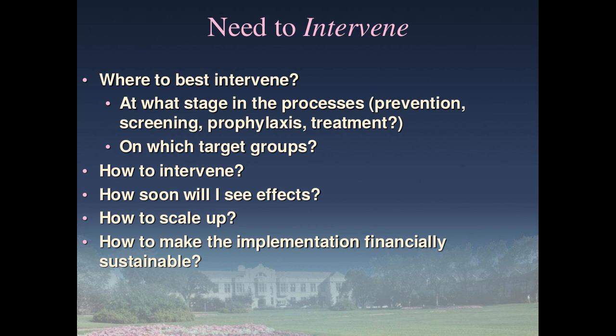Regardless of which stage the person is at, which target groups should we focus on? How soon will I see effects? There are some tragedies in the health space where a very solid policy may be put into place, but it's declared dead and buried before it can really have a chance at changing things.